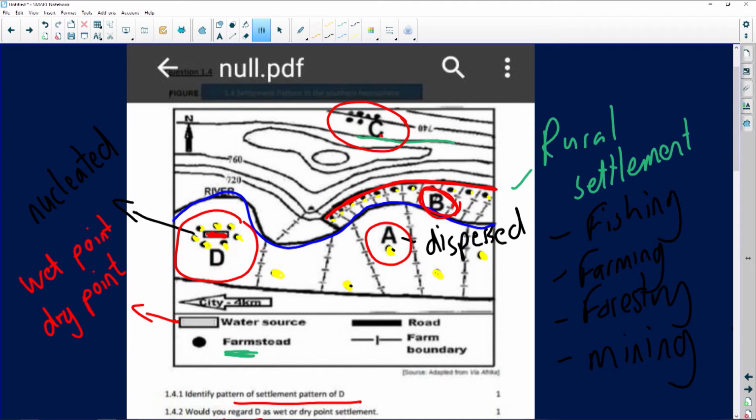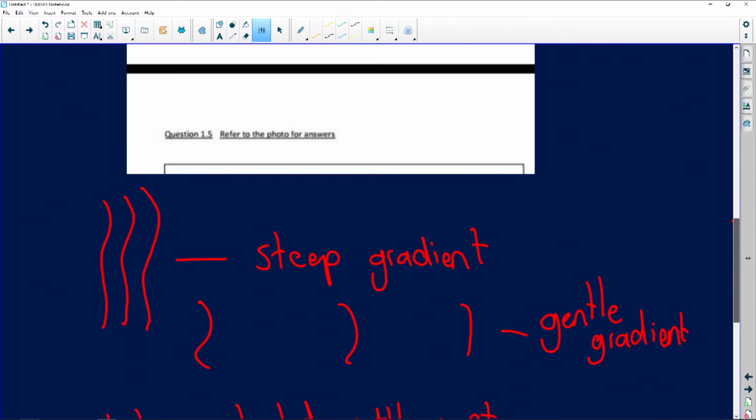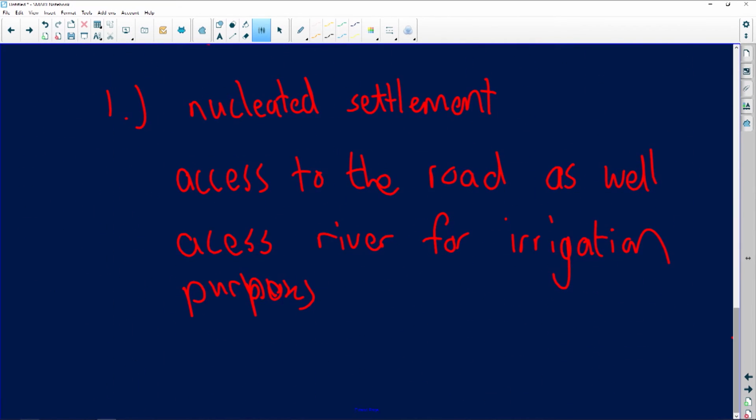So it makes farming much easier in comparison to the settlement at C where it's extremely steep. So the physical factor over there for D and A is two things. There's water as well as flat land. That makes the farming activity much easier.